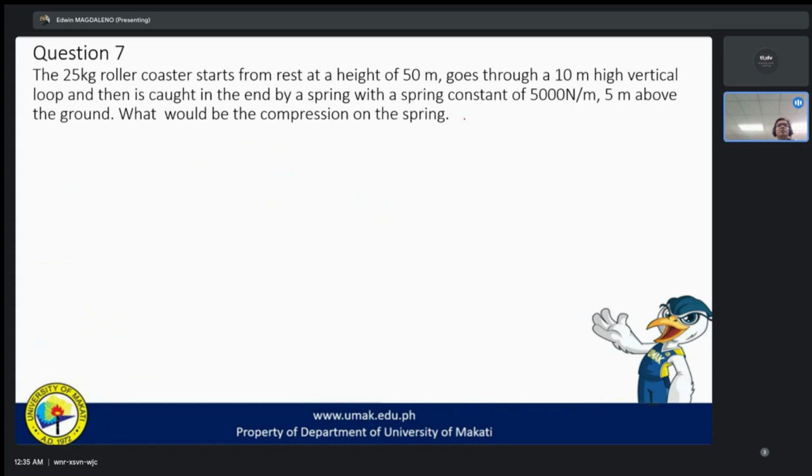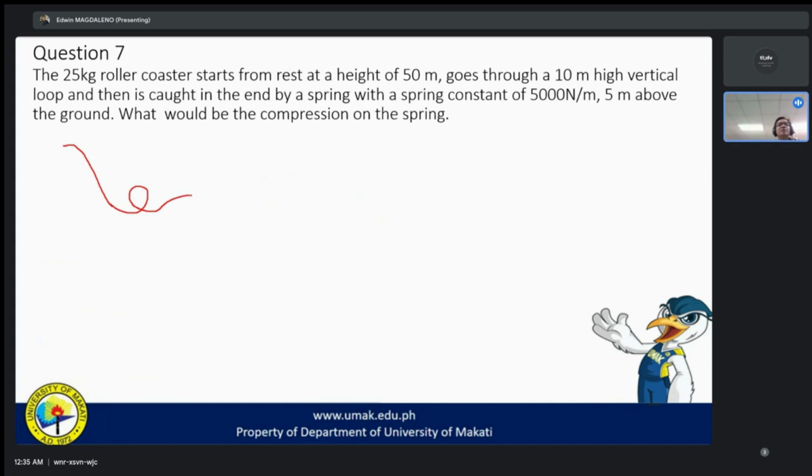So here, let's try to redraw the diagram first. It starts at 50 meters. It drops to a certain height and then creates a loop 10 meters high and then ends somewhere here.